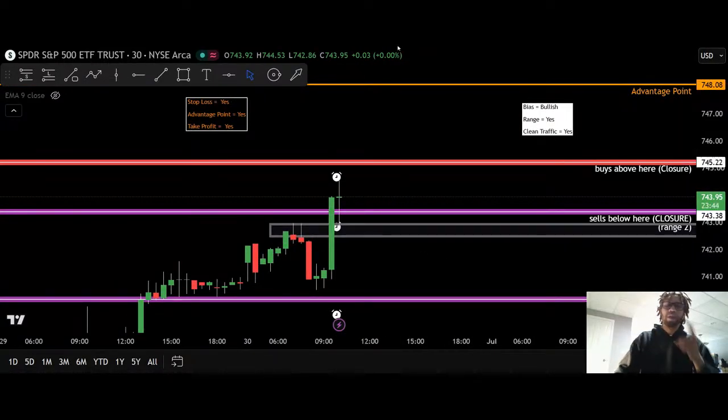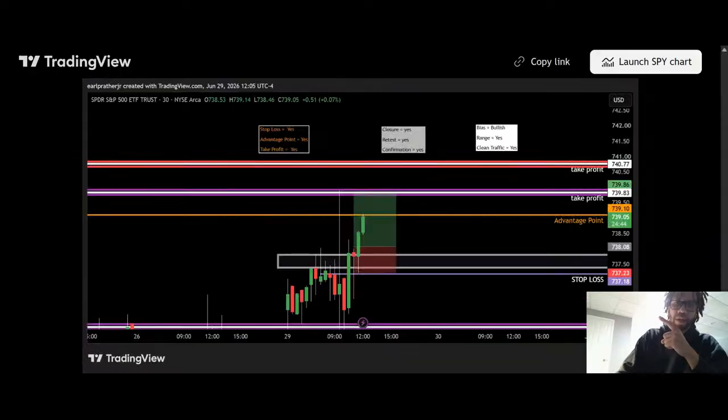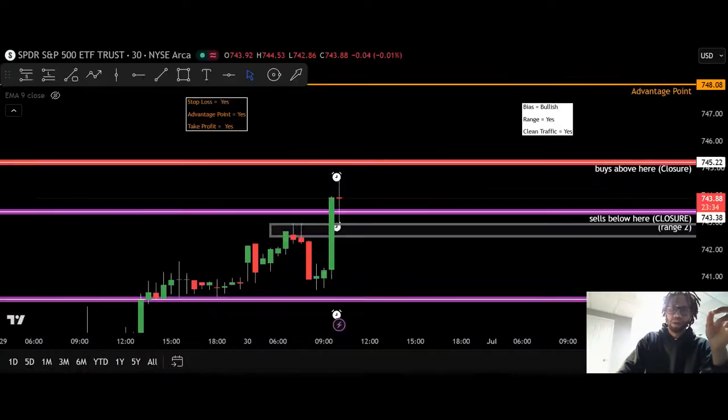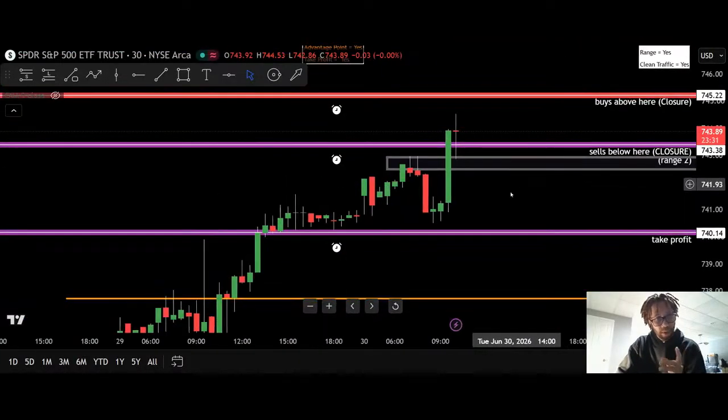But just like yesterday on the trade right here, where I had to wait all the way until 11:30, I learned something new on the lower time frames. So going back to today, I learned something new in the lower time frame as well.